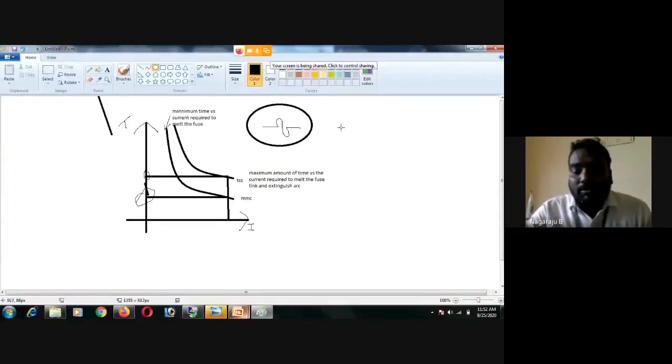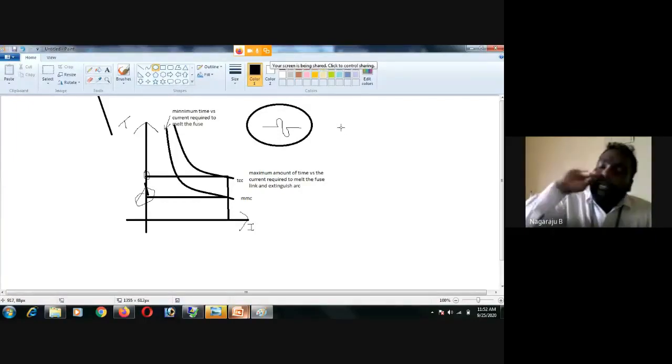In these expulsion power cutouts, the melting of the fuse link causes heating of the fiber fuse. In general, in the underground system you will use fiber as a material.